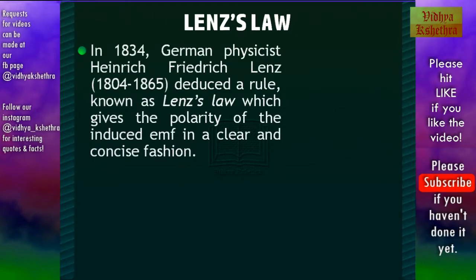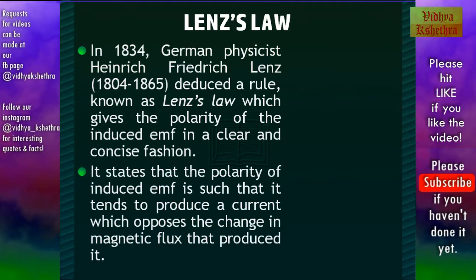In 1834, German physicist Heinrich Friedrich Lenz deduced a rule known as Lenz's law, which gives the polarity of the induced EMF in a clear and concise fashion. It states that the polarity of induced EMF is such that it tends to produce a current which opposes the change in magnetic flux that produced it.